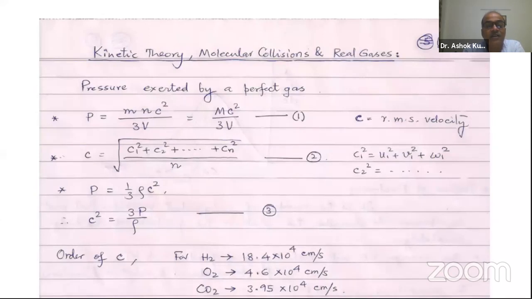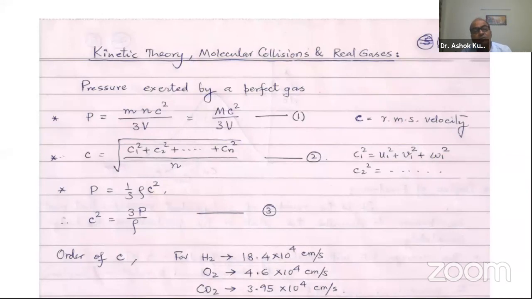That is why the gas exerts pressure on the wall of the container, and this pressure is equal in all the directions because the number of molecules is enormous, very large, and the motion is so random that the average number of particles colliding on all the walls is almost equal. Therefore, pressure in all the directions is equal.